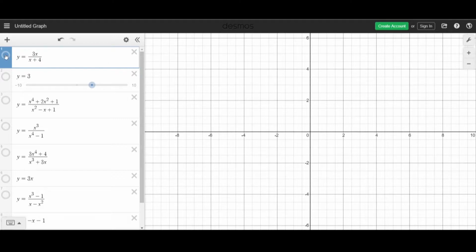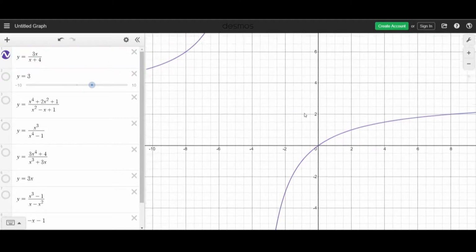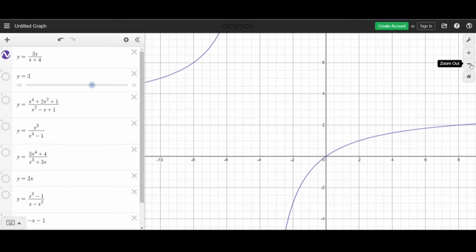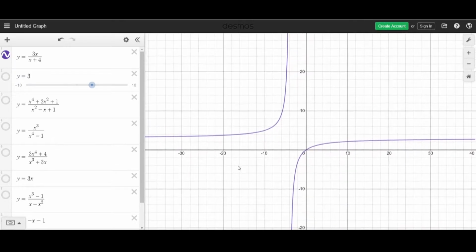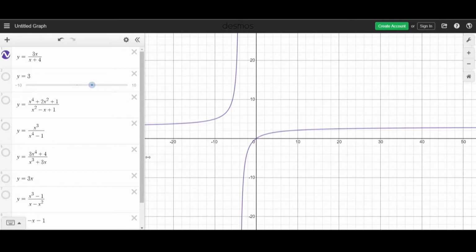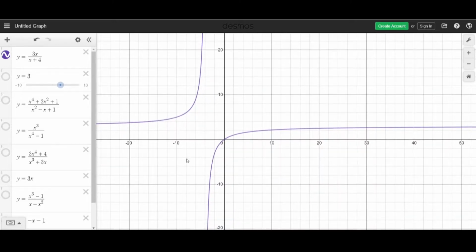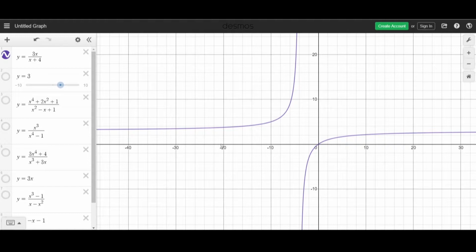So for number 1, this is our graph, 3x over x plus 4. So here, zooming out, we can see what that starts to look like, right? And it looks like it's reaching something, but we don't know what it was until we solved for the asymptote.